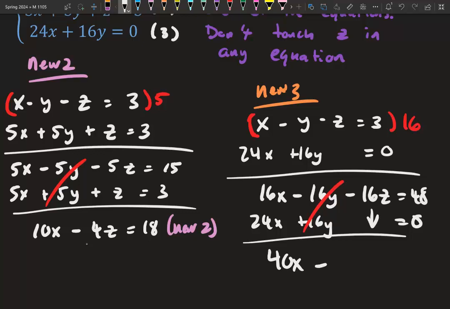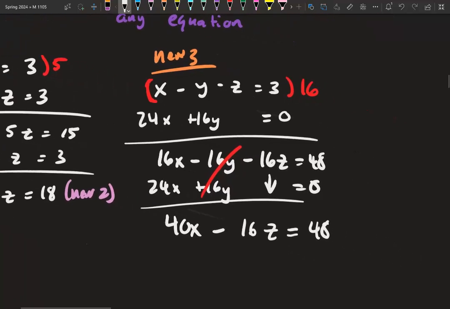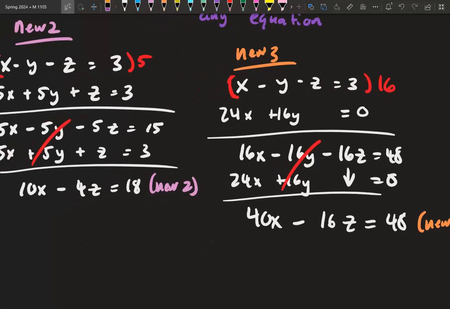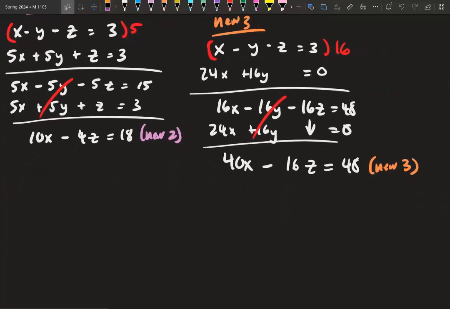Nothing there, so we just have minus 16z equals 48, and that's our new 3. You see how for new 2 we have x and z, for new 3 we have x and z? That's why we can't touch z, because at the end of it, we need to have the variables match. Now we're going to add these together.